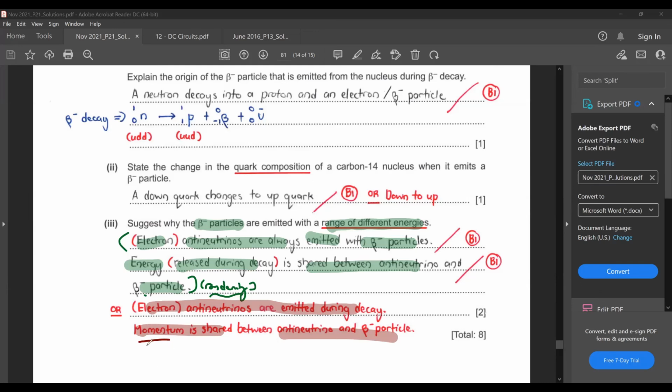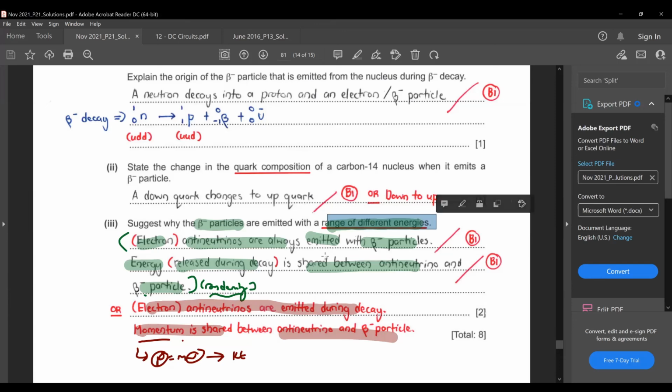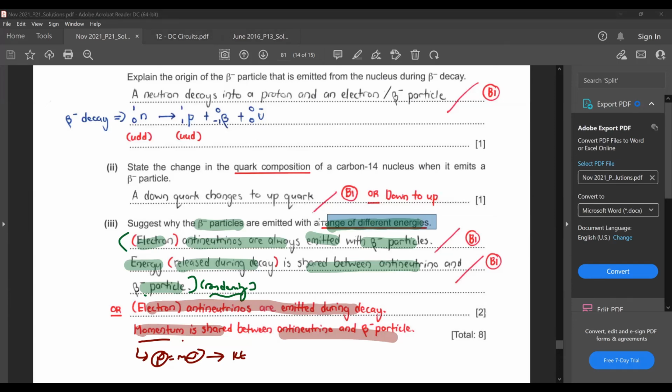Because momentum is shared by different amounts each time, and momentum is p equals mv, your velocity is different each time, so your KE is also different each time. That explains why your energies are always different, because your momentums are always different. So you have a range of energies. Okay, so this one is okay.